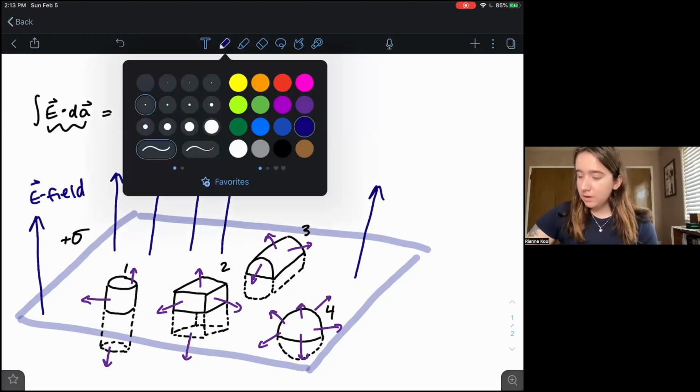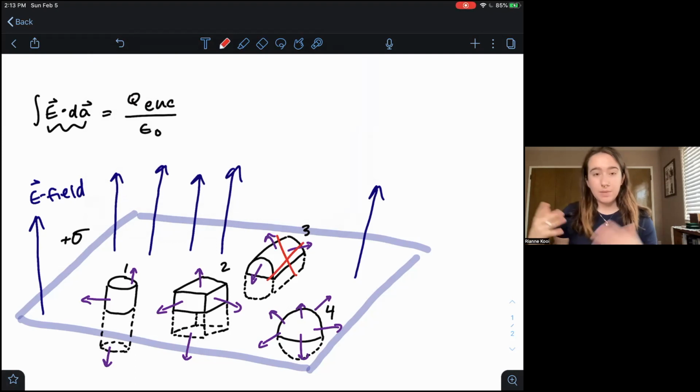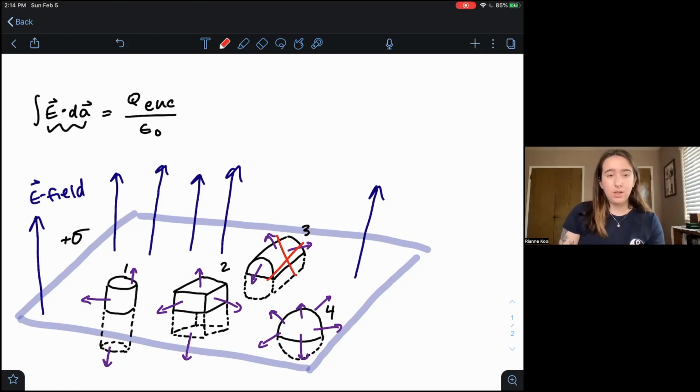So we can automatically cancel out 3, because the dA vector is not going to be in the same direction as the E field, and we won't have any cancellation.